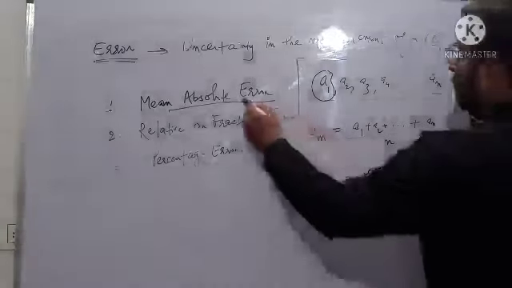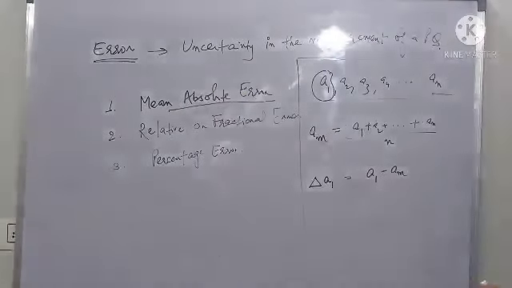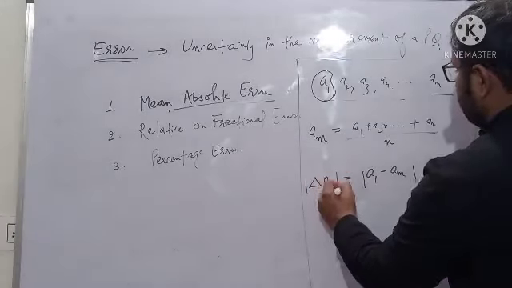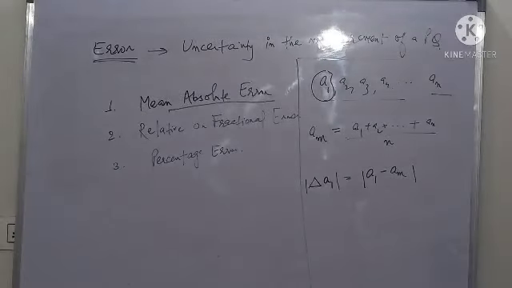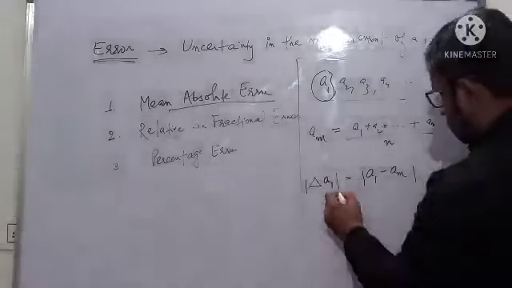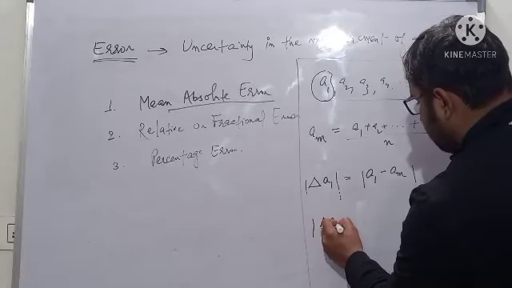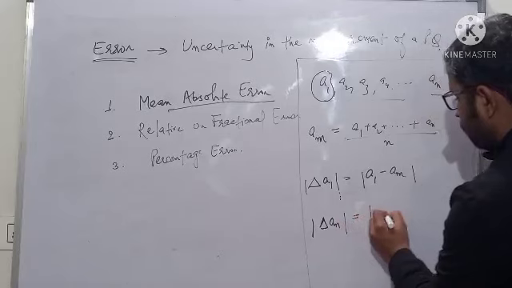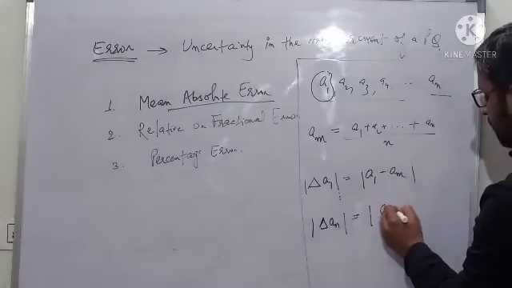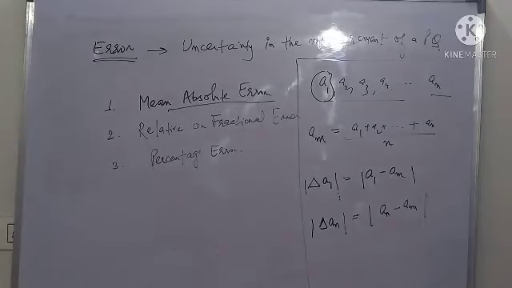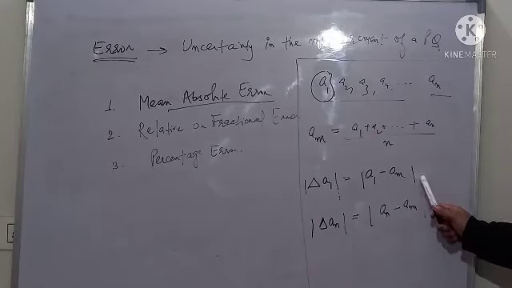Now we are talking about the absolute value here, so we will take the mod of this value, right? In a similar fashion, we will do it for A2, A3, A4 and up to so on AN values. So similarly, we will get delta AN equal to mod of AN minus AM, right? So these are my absolute errors.